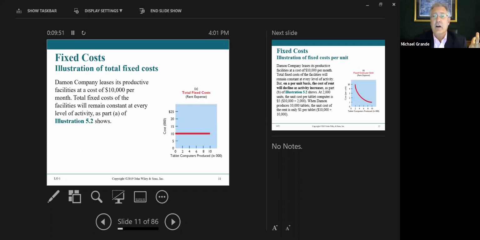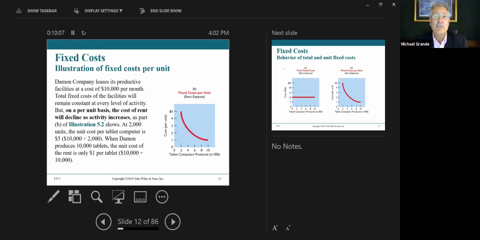So here's our illustration again. Damon Company leases its productive facility at a cost of $10,000 per month. Total fixed costs of the facilities remain constant at every level of activity at $10,000. However, what you can see here, at 2,000 units, the unit cost per tablet computer is $5. $10,000 in rent divided by the 2,000 units.